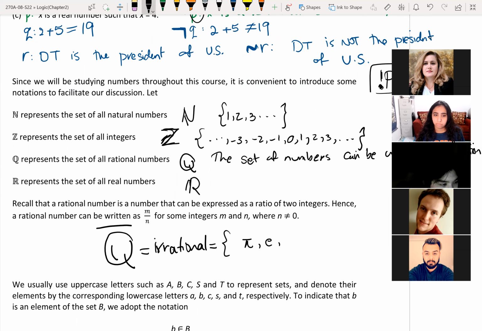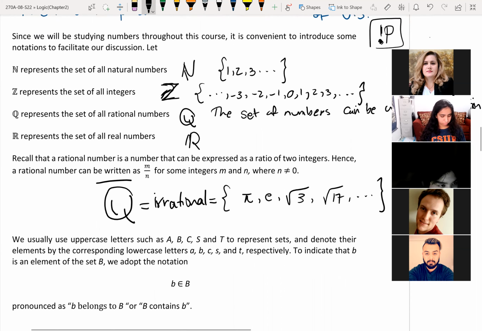E, right? You have a square root of like 3, whichever is not a perfect square. Square root of 17. So whichever is not a perfect square, and then pi and e, they are the list of irrational numbers. So whatever is not a quotient or cannot be written as a fraction is going to be irrational. So that's a notation that you guys saw a long time ago.